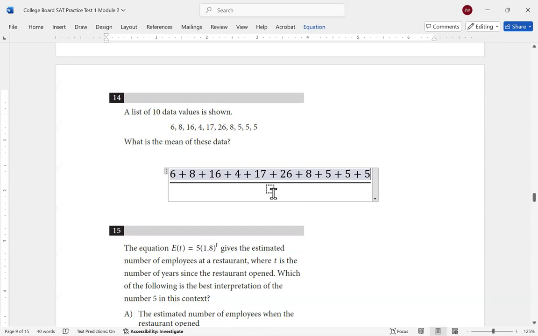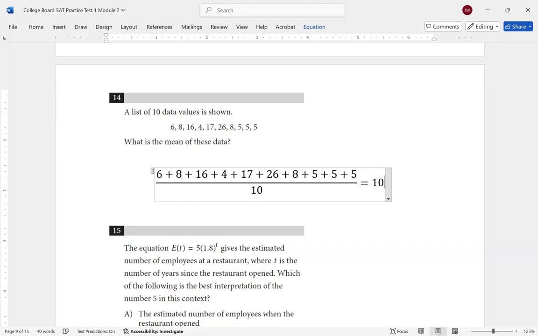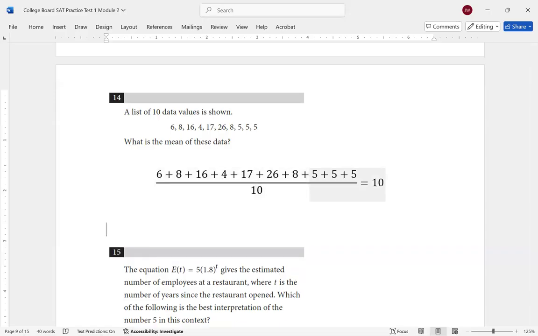Add all those up. Because there are 10 data values, we end up dividing by 10. And when you do that, you end up getting an average or a mean, which is equal to 10. You can do that on your own if you'd like and confirm that we've gotten the right number.